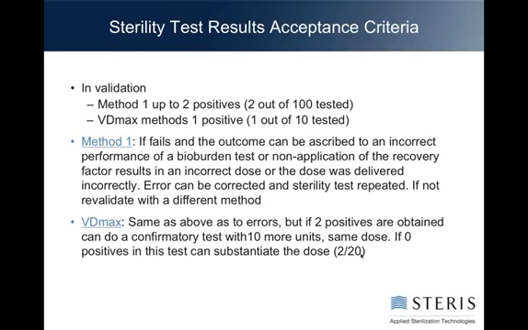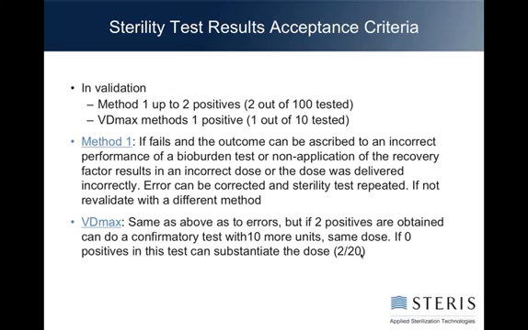In method 1, if it fails, meaning you get more than the 2 positives, and the outcome can be ascribed to an incorrect performance of a bioburden test, non-application of a recovery factor, maybe the dose was delivered incorrectly, errors that can be corrected allow for the test to be repeated. Or if none of these apply, you would have to revalidate using another method.